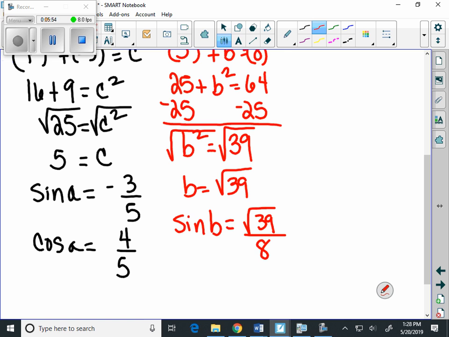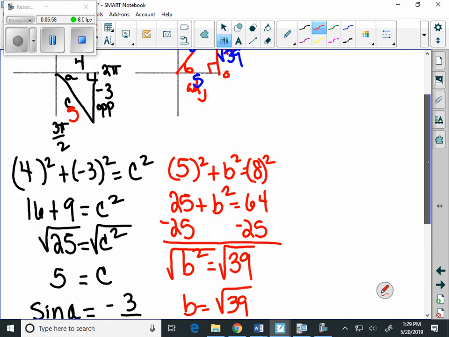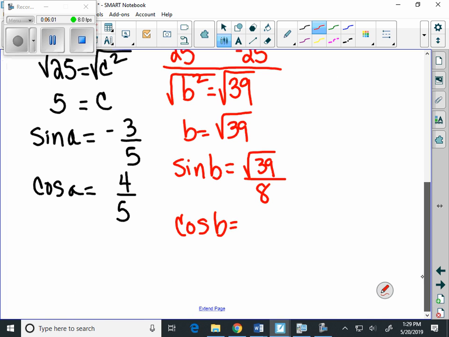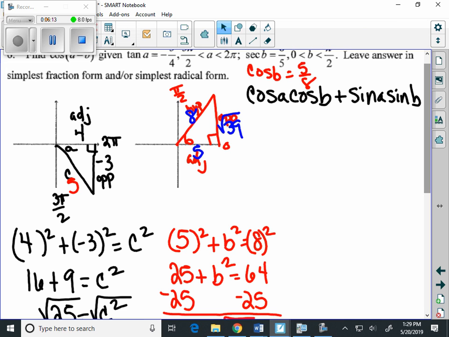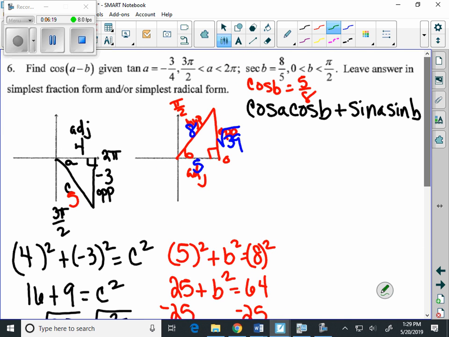And then once again, the cosine of b is going to be the adjacent over the hypotenuse, which is 5 over 8. And now we're going to take these values and put them back into our formula. The cosine of A, looking down, cosine of A is 4/5.